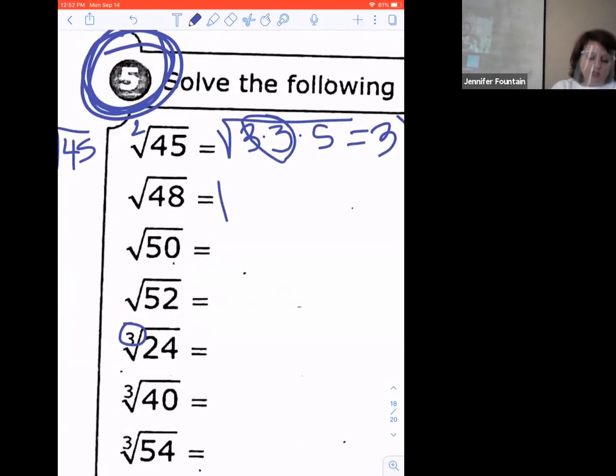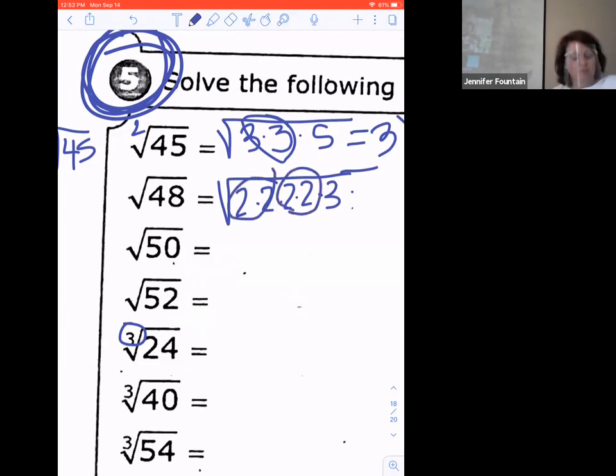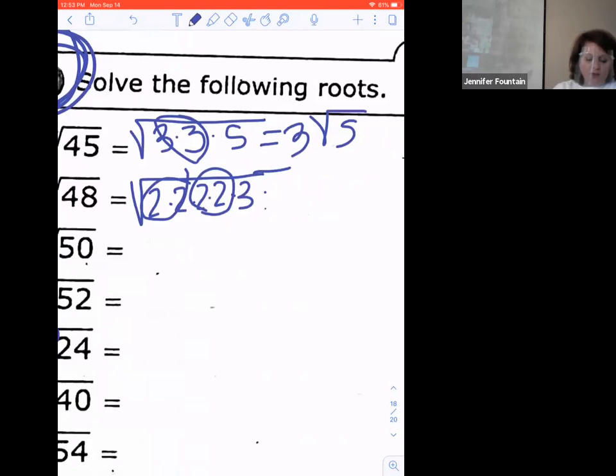Okay. Let's look at 48. What did you find your prime factorization for 48 to be? 2 times 2 times 2, good, times 3. Anything else? Nope, that's it. So we have 2 groups of 2s. When those come out from under the radical, I know that I'm going to multiply those numbers.